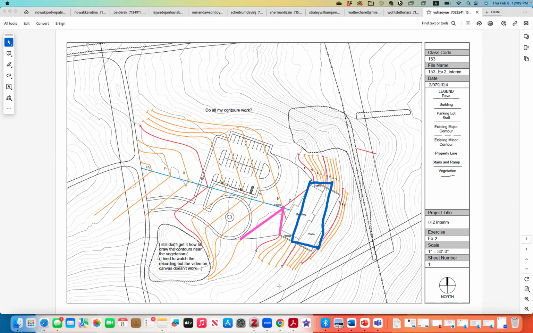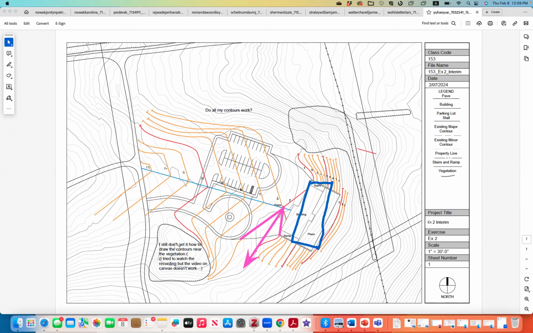So the two contours shaping the swale will look like that, and your swale will go like this. Both of them could work. I would probably do a combination of those or just move the building.